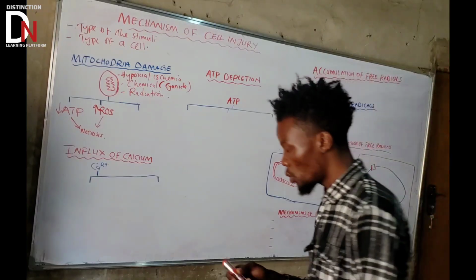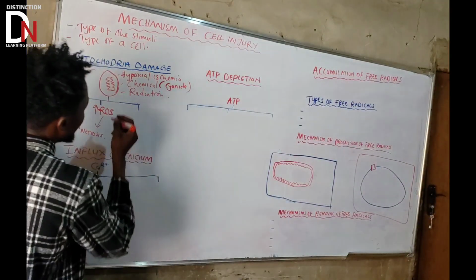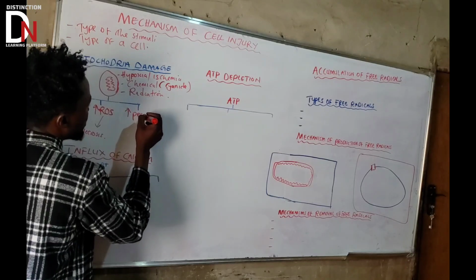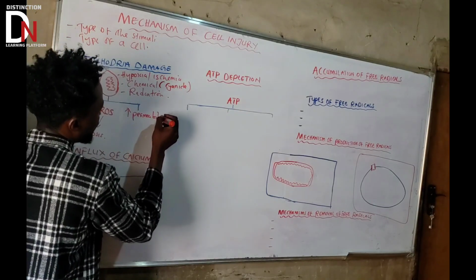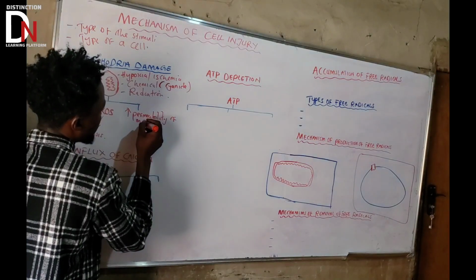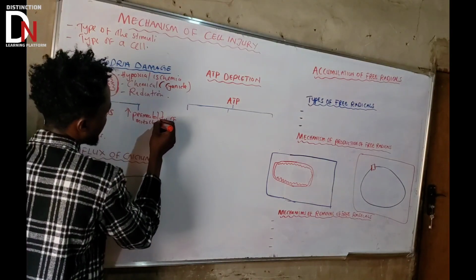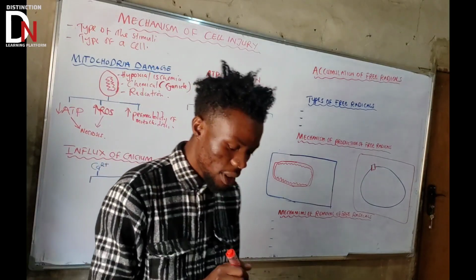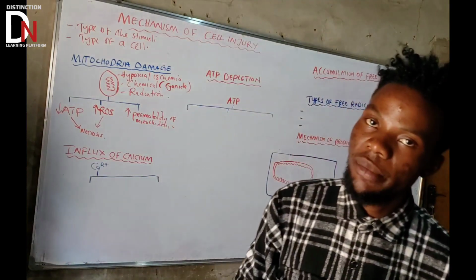So what are we saying? The other thing is, if there is mitochondrial damage, we're increasing the permeability of the mitochondria. Now, there are various things that can happen if you increase the permeability of the mitochondria.